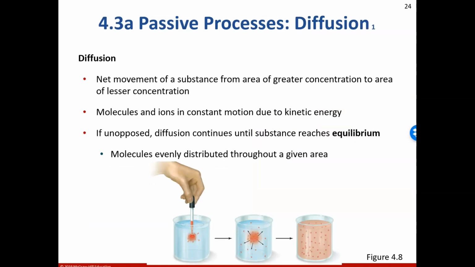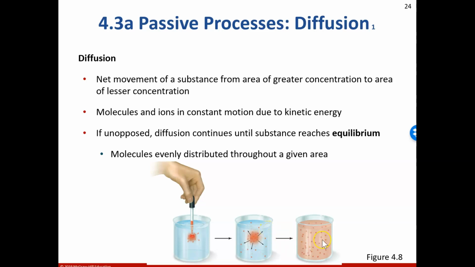So the first passive process we'll discuss is diffusion. This is when we have a net movement of a substance from an area of greater concentration, which would be this dye. I'm not sure exactly what they're representing here, but I think it's a dye, where we have greater concentration in the center there, and they are moving to an area of lesser concentration.